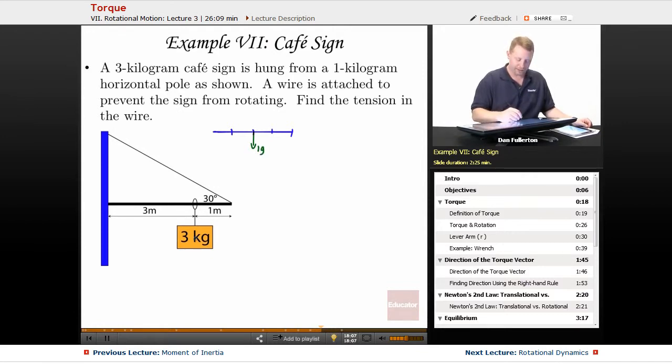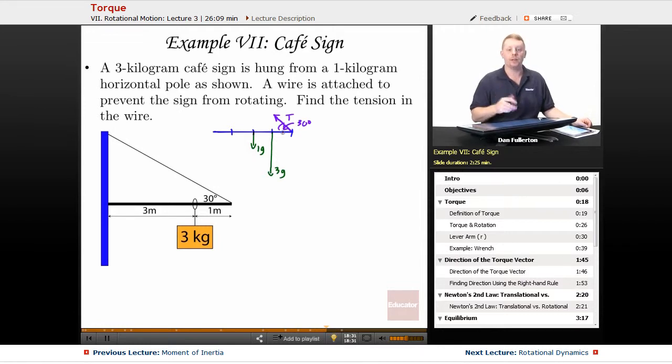We have a 3 kilogram mass right over here, so that'll be 3g. And we have a tension from the wire over here. We'll draw that at the very end where it's acting. There's our tension, and that angle right there is 30 degrees.